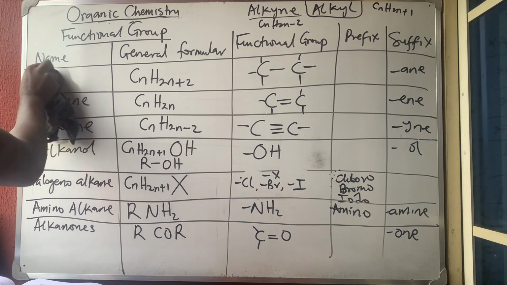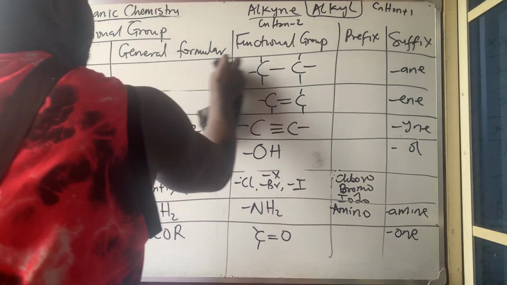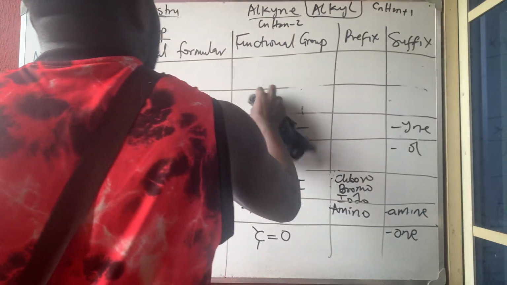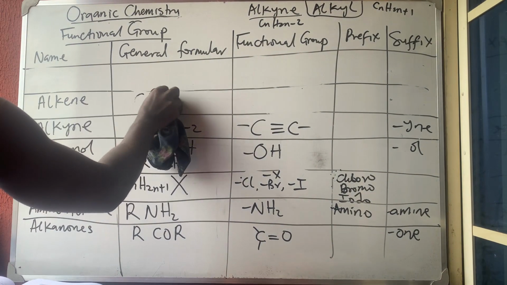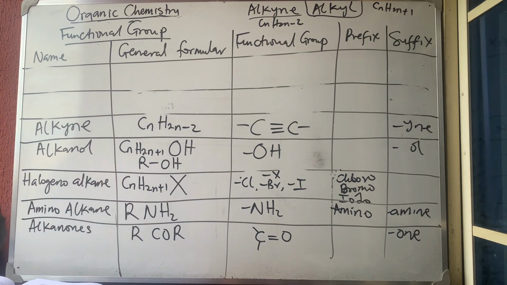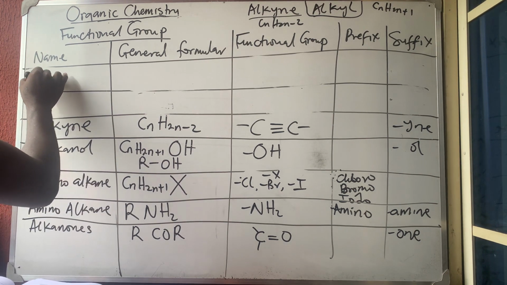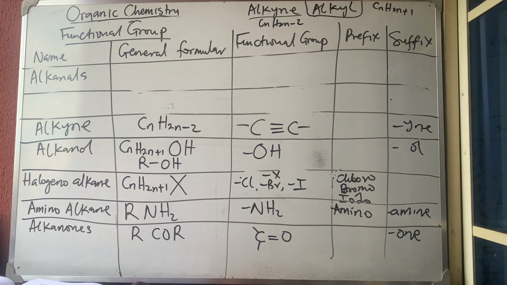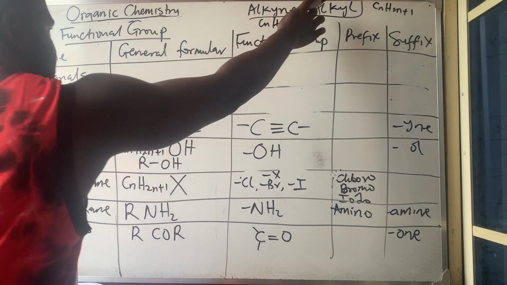Permit me to clean this one. Let me start writing from here because my board is too big. So I've talked about the alkanone. Let's talk about the alkanal. For the alkanals, don't forget that we always use the alkyl.